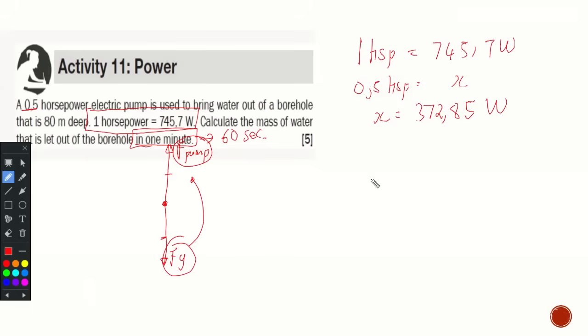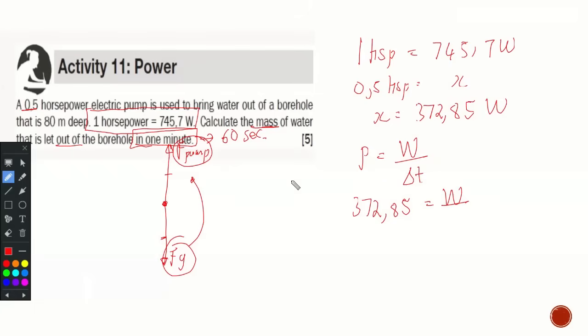Now that we have that, we can apply this formula. Remember, what are we trying to calculate? The mass of water that is let out of the borehole. So P is equal to W over delta T. The power we have is 372.85, so we are trying to calculate the work done by the pump.